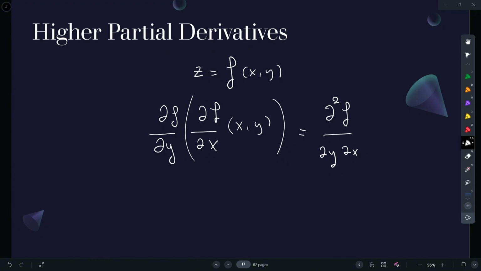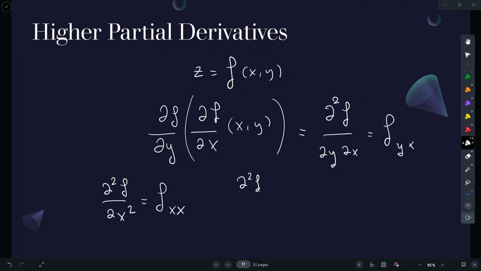If I have, for example, the second derivatives of a function, I can do the second derivative with respect to x twice. This is not with respect to x squared. The notation is a little bit confusing, so if you want, I can call it like this. This one would be the derivative with respect to x and then y. So these are the derivatives where I hit it with the derivative with respect to x, and then again with respect to x.